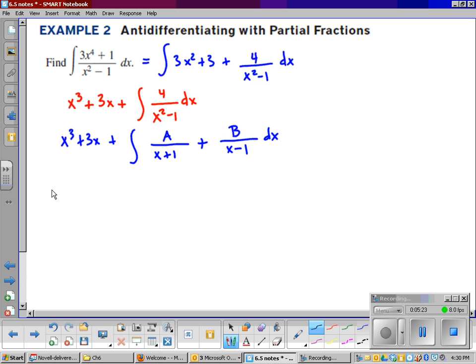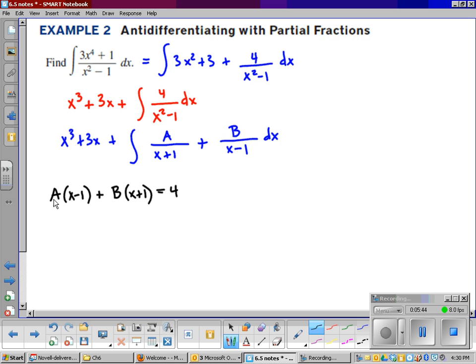Okay, so I'm going to multiply a times the denominator of the other fraction, x minus 1. I'm going to add to that b times the denominator under a, x plus 1. And that has to equal the original numerator, and the original numerator is 4.